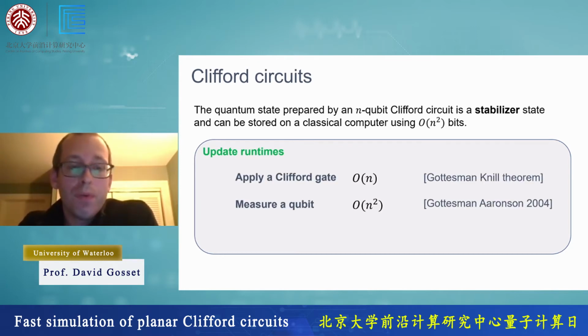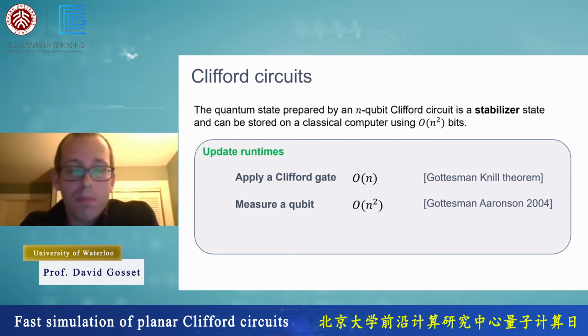So if you want to apply a single or 2 qubit Clifford gate to an n qubit stabilizer state, you can do that in time linear in n. And it's also true that if you want to measure a qubit of an n qubit stabilizer state, you can do that in time order n squared. That order n squared is the best known algorithm, due to Gosset and Aaronson from 2004.